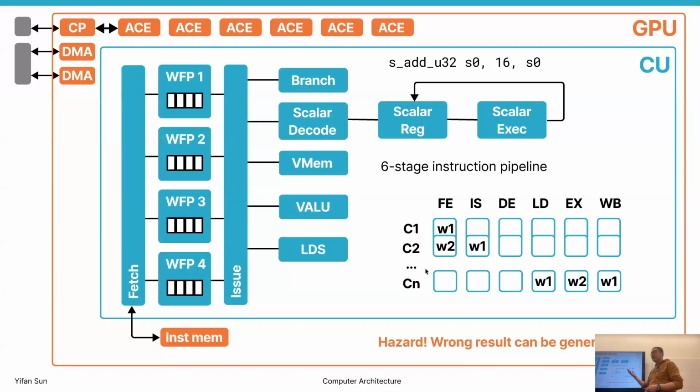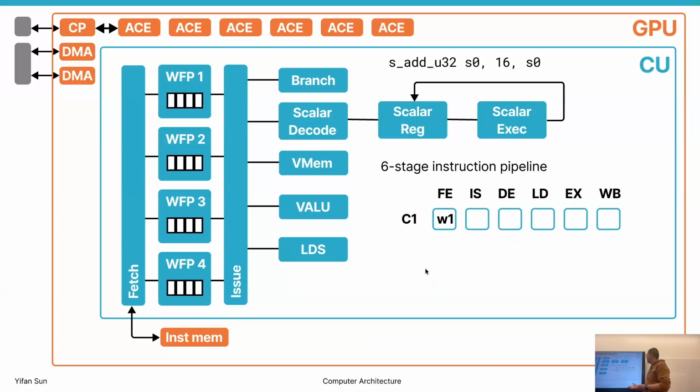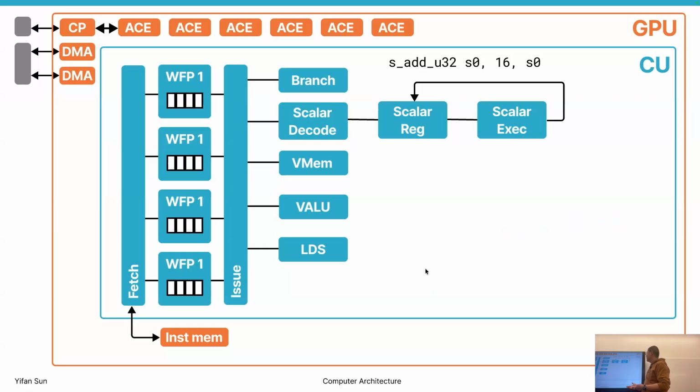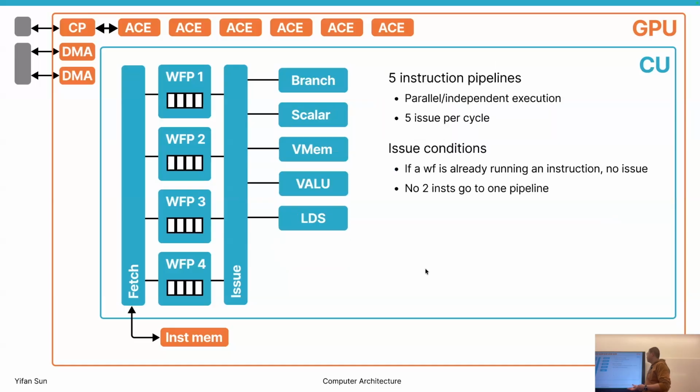Now later on, as you can see in the CPU part, we'll introduce many complex approaches to solve this problem. But GPU, at least the older style GPU, takes a very simple approach and simply says, we just prevent this from happening. If a wavefront is already running an instruction, don't issue it, right?